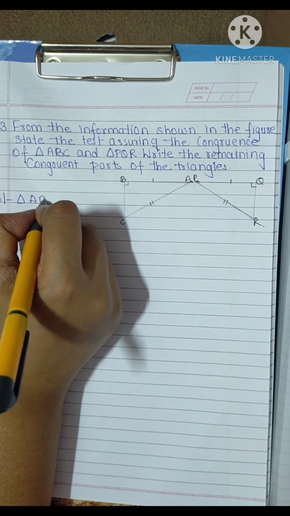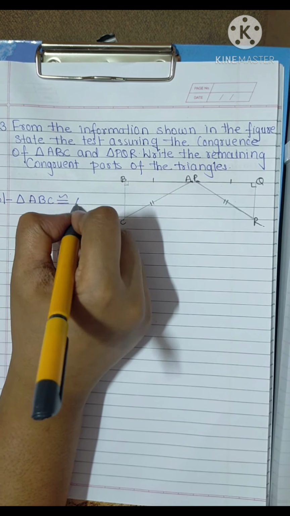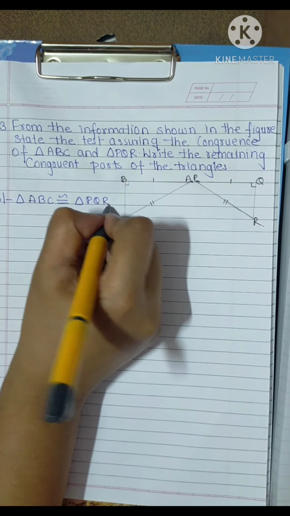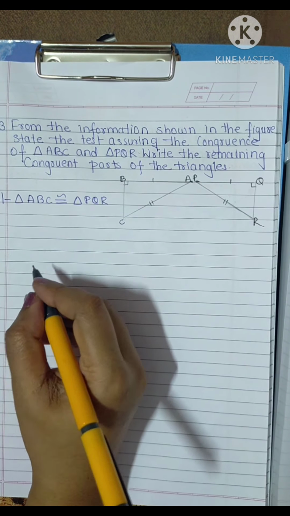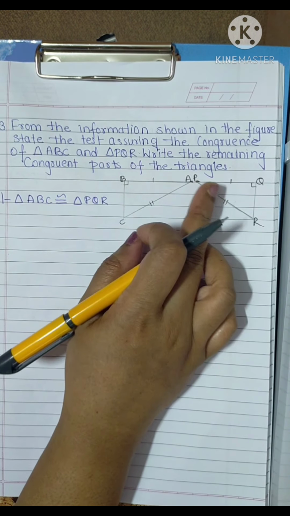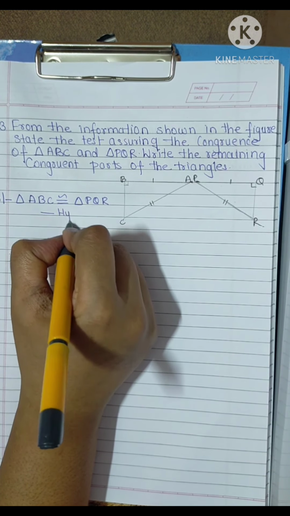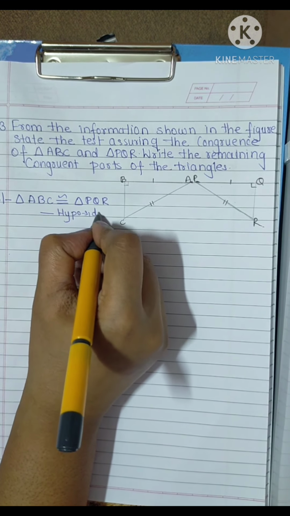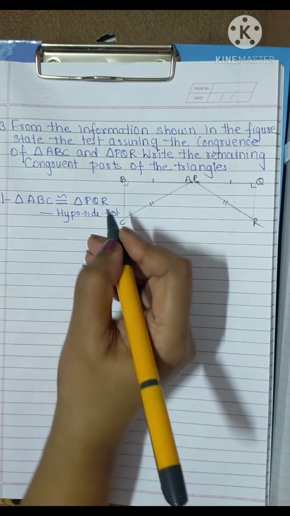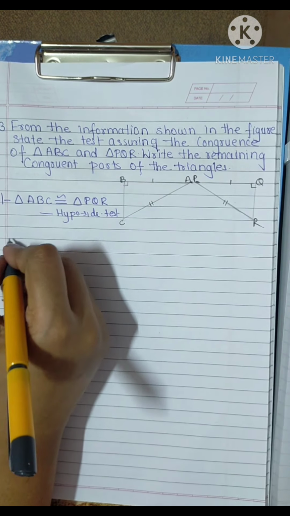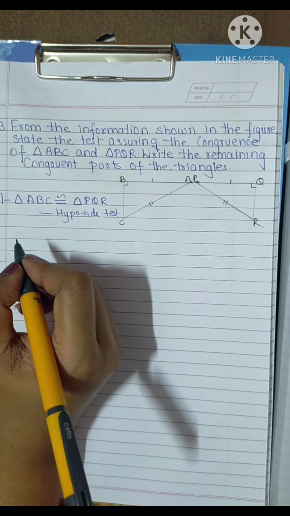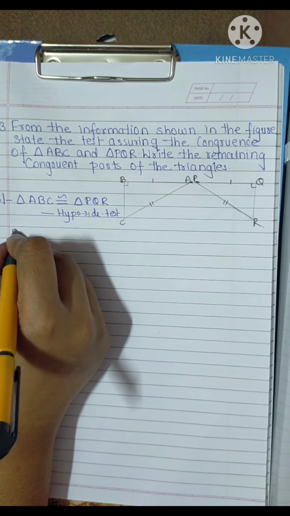Triangle ABC is congruent to triangle PQR by, as you can see, this is a right angle triangle, so the hypotenuse side test.